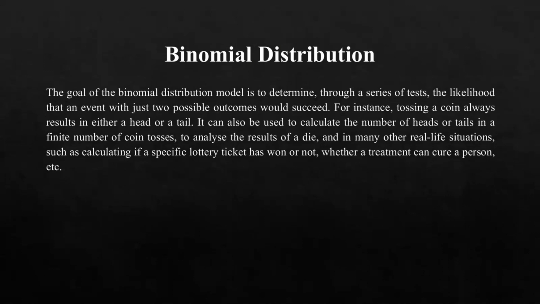It can also be used to calculate the number of heads or tails in a finite number of coin tosses, to analyze the results of a die, and in many other real-life situations, such as calculating if a specified lottery ticket has won or not, whether a treatment can cure a person, etc.